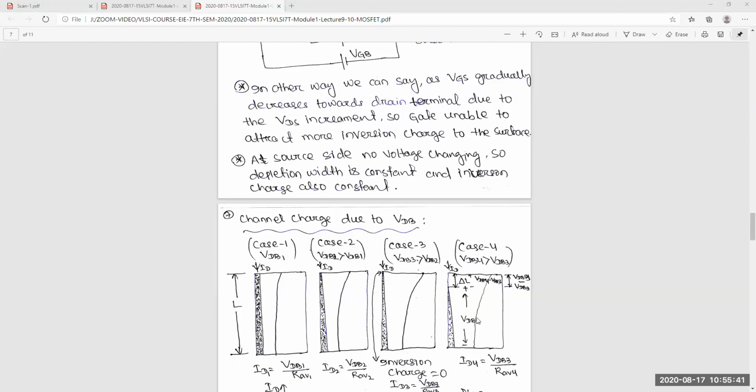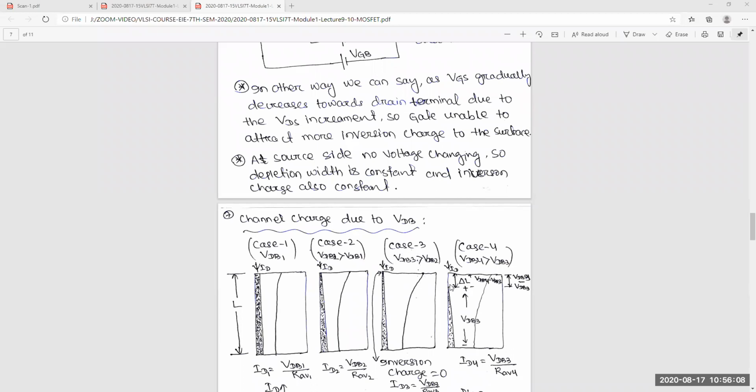Now come to a voltage more than that VDB. If we increase the voltage, this depletion region will again increase. That means the gate control will be completely lost. That means there is no charge at this drain terminal.